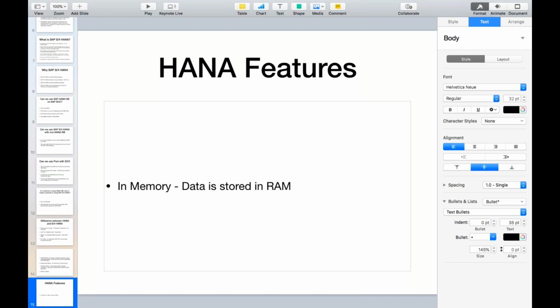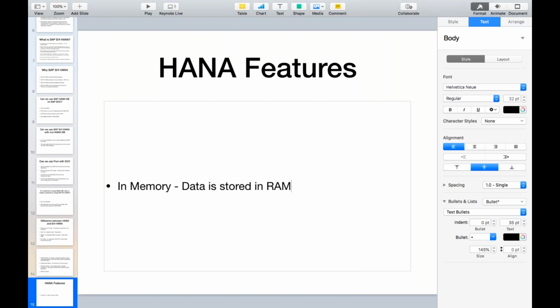Yes, you are right. So what exactly will be done if you go for SAP HANA, irrespective of RAM or hard disk? There are a lot of tables, and we already know a lot of tables are going to be removed in S/4HANA. So there are two different things. Firstly, let's talk about HANA, then we'll talk about S/4HANA.